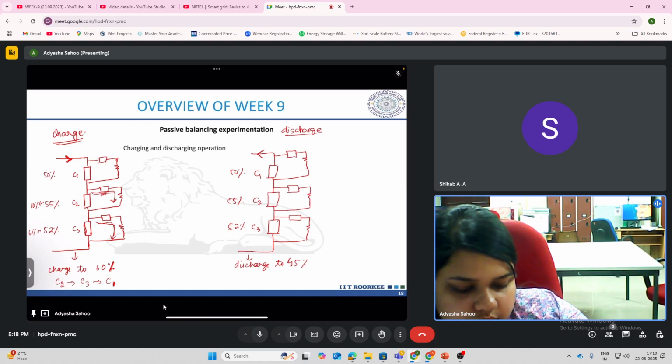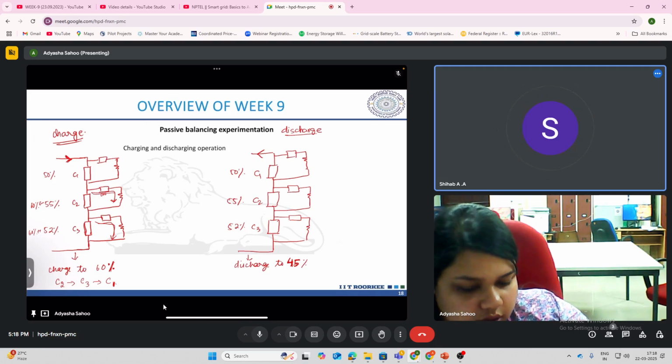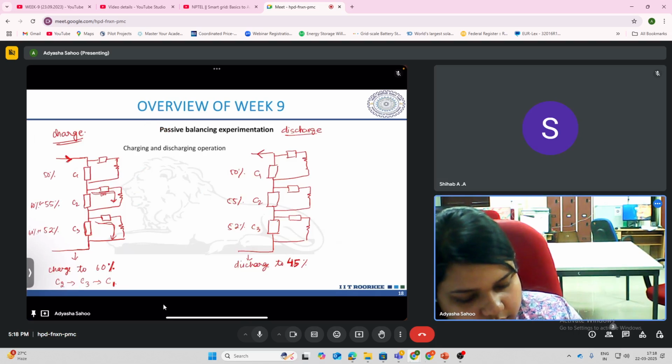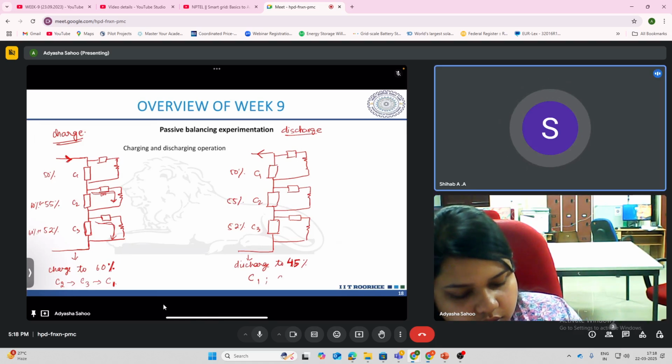No, you are discharging to 45. So which cell will first reach 45%? Yes, it will be C1, then it will be C2.